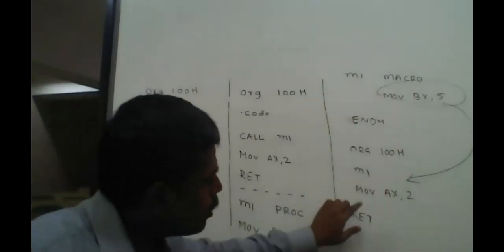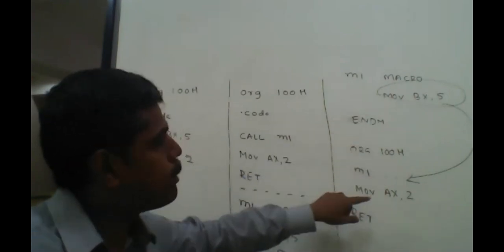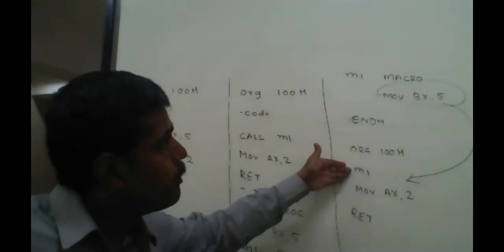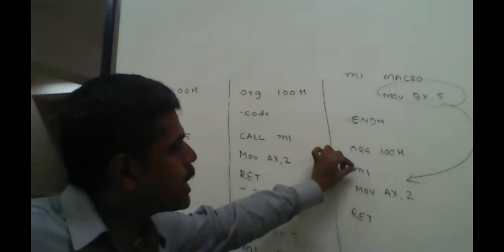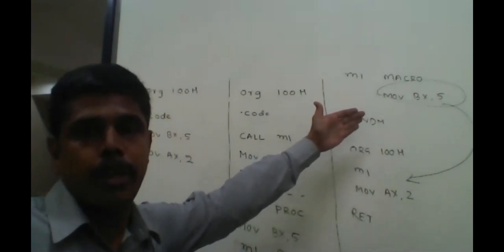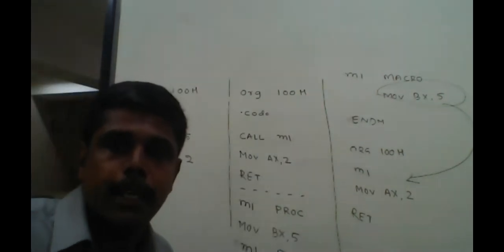So if you say somewhere over here again M1, again here it will be move bx comma 5. It is something like the macro will get expanded into whatever we have written as a macro. Okay, so this we will see in the differences here.